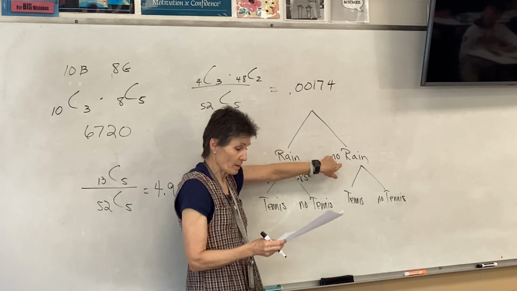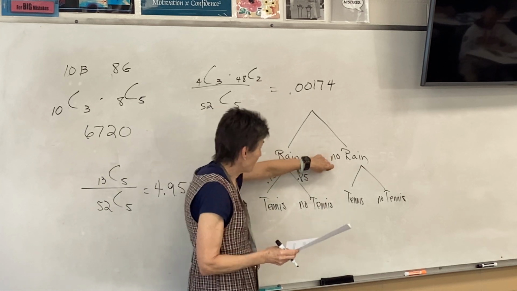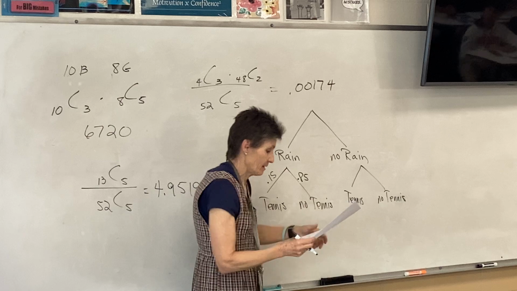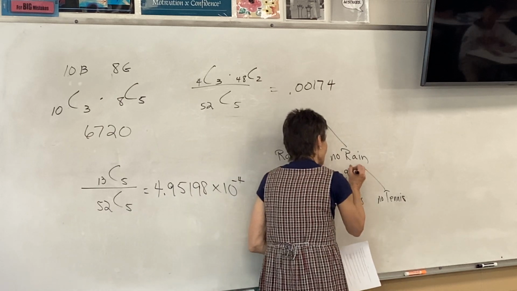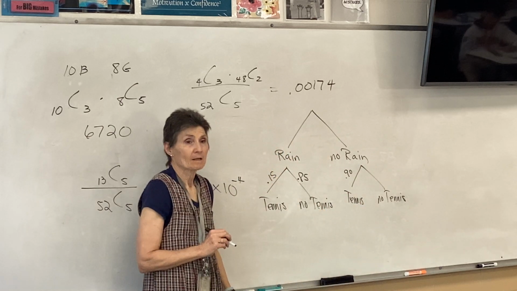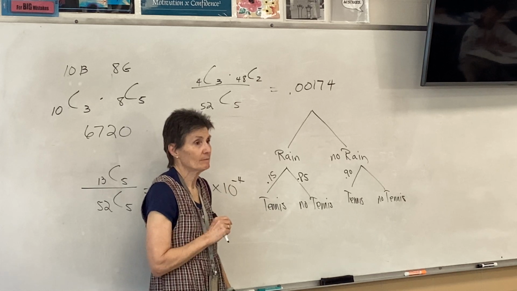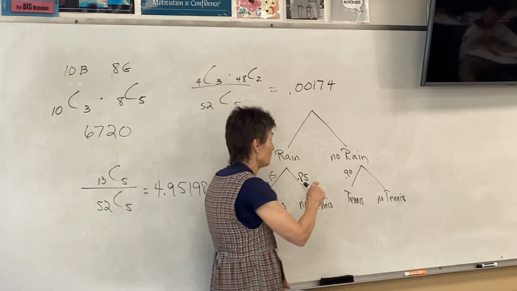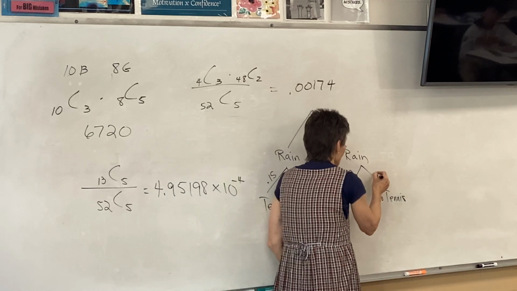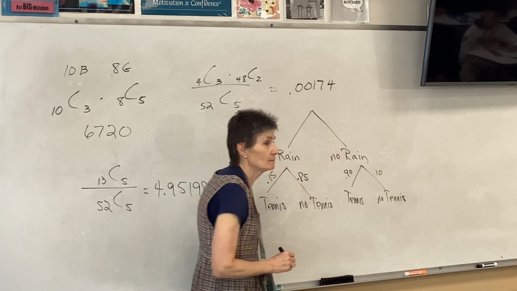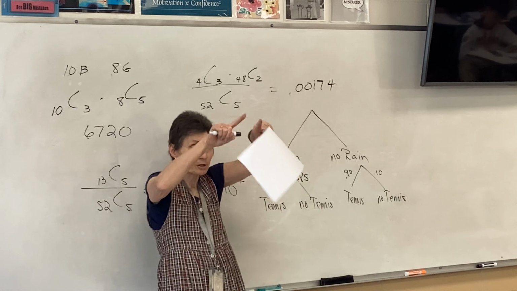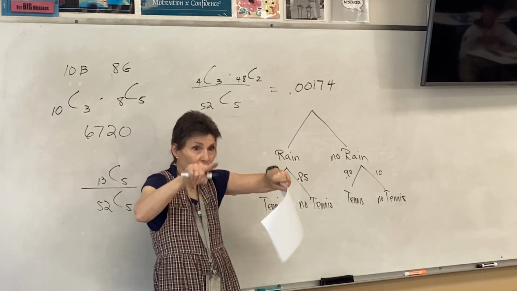If it doesn't rain, the probability I'll play tennis is 0.9. Now, I put 0.90, and the minute I put 0.90 here, I'm going to put 0.10 here. Remember, each little V has to add up to 1 or 100.